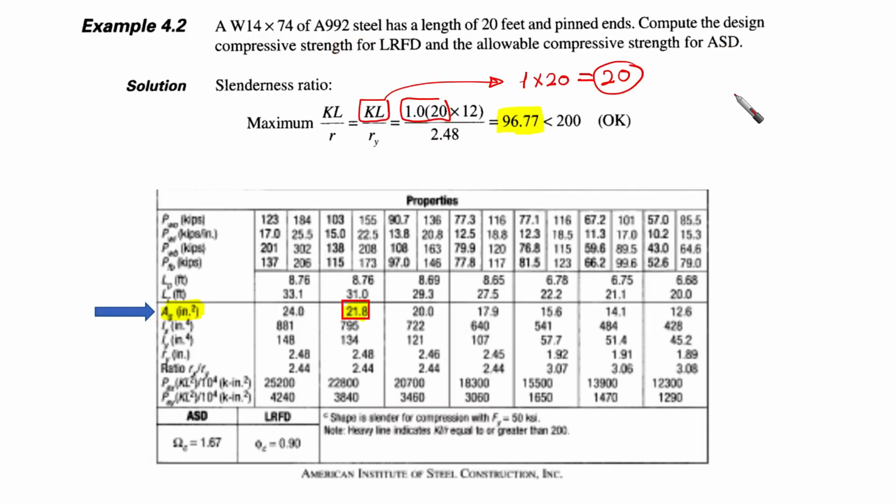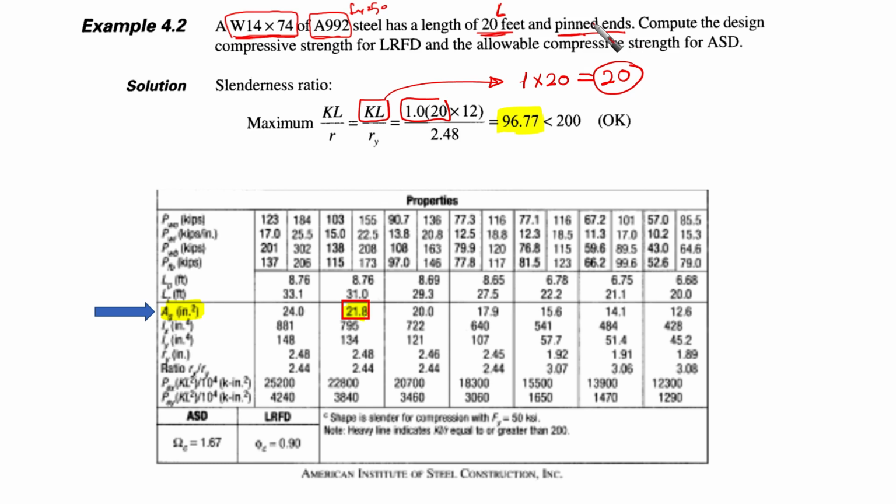So let's go here. This is example 4.2, which gives us the cross section, the shape that is going to be used, which is wide flange 14 by 74, and it is A992, which means that F yield equals 50 ksi steel, and has a length, which is needed for us to calculate KL over R, and pinned ends.